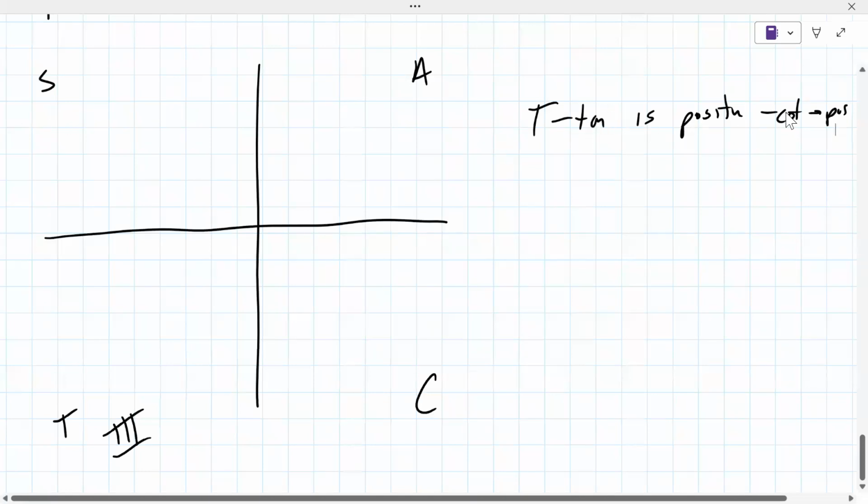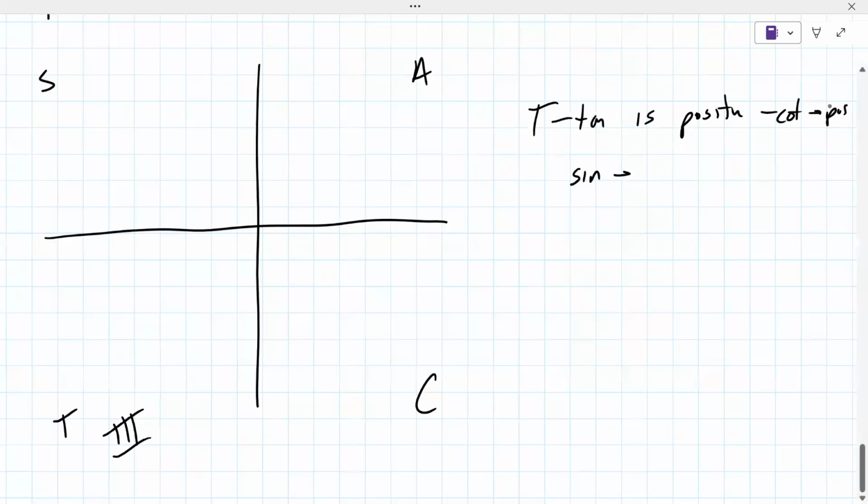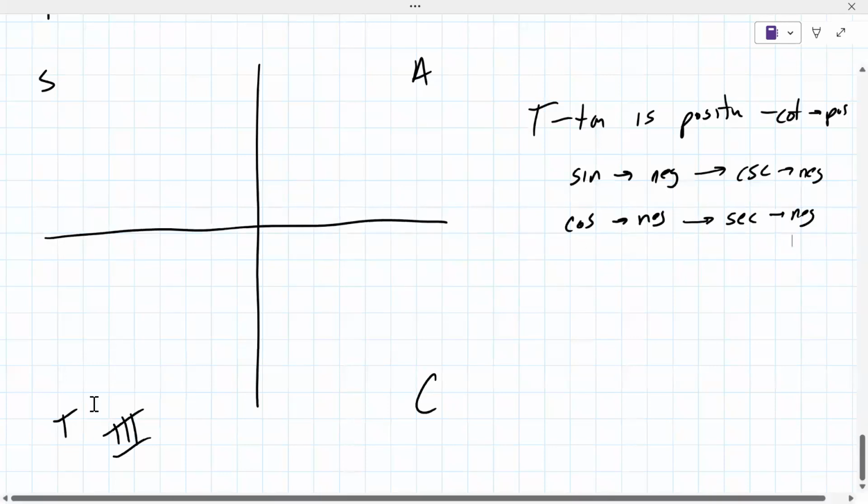Because tangent is positive, cotangent, which is the reciprocal, is positive. That means that sine is negative and cosine is negative, because the ratio of sine and cosine, negative over negative, is a positive. And since sine is negative, cosecant is negative because cosecant is the reciprocal of sine. Secant, which is the reciprocal of cosine, is also negative. So from this one letter, we gain all of this.